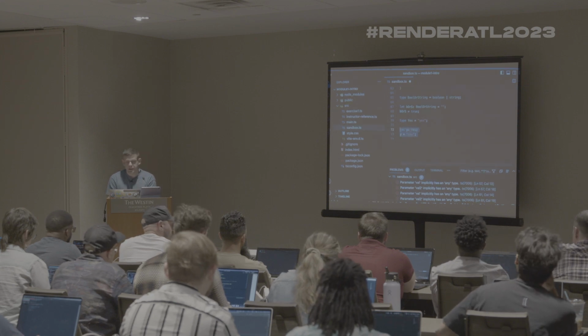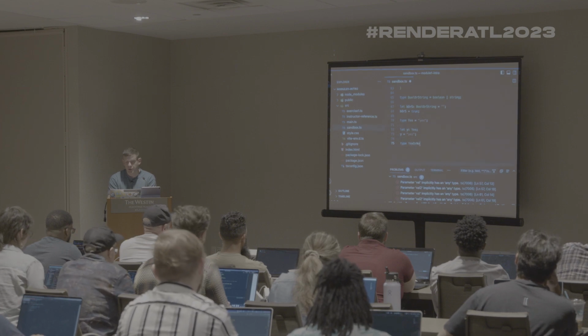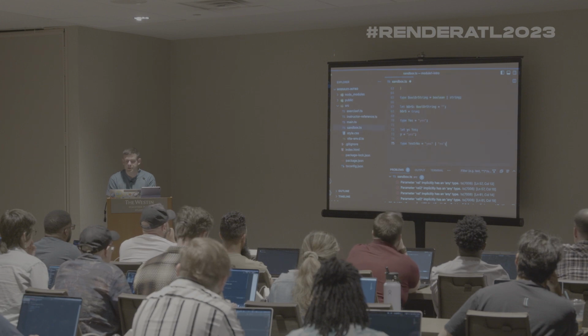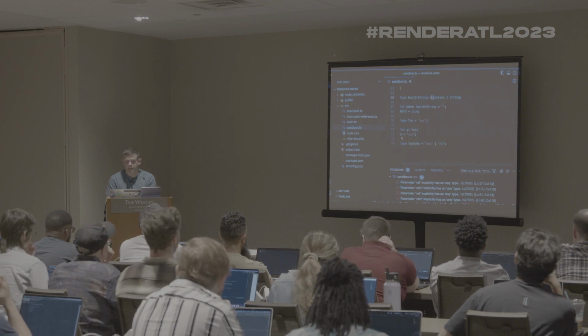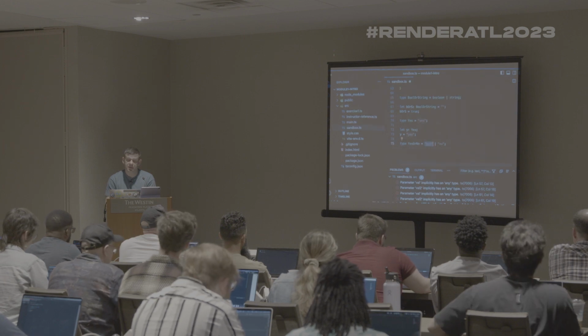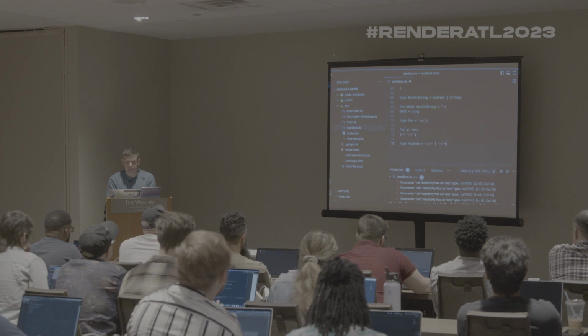And we can declare types that combine values. We can say type YesOrNo equals the string yes or no. So there's that type union again. Before I did a union for Boolean or string. Now I can do one for the type Yes or the type No. And I can declare variables of that.